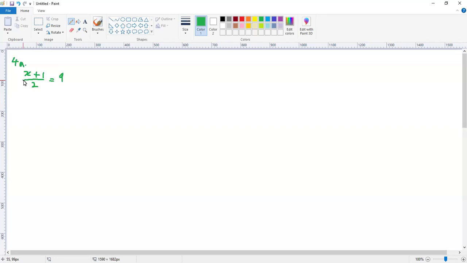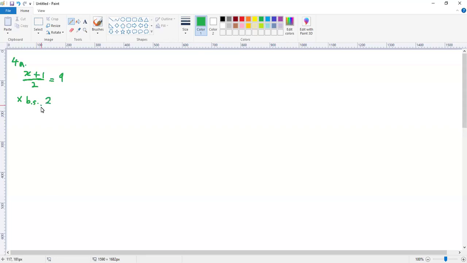So the sign that's dealing with the 2, between the 2 and x plus 1, is division. So what we will do is multiply both sides by 2, and that will help us take care of the 2 in the denominator, okay?